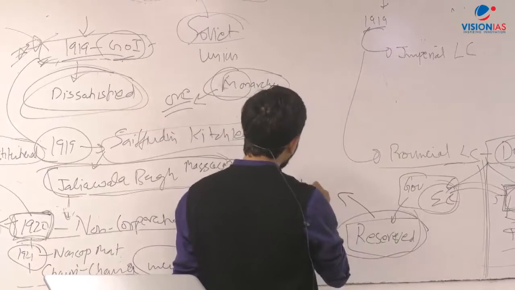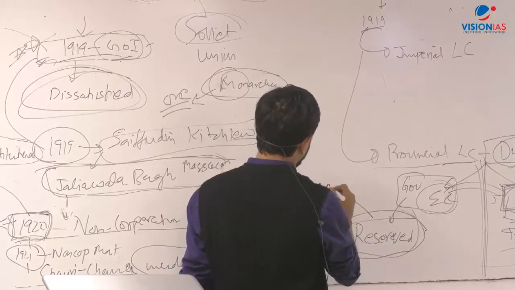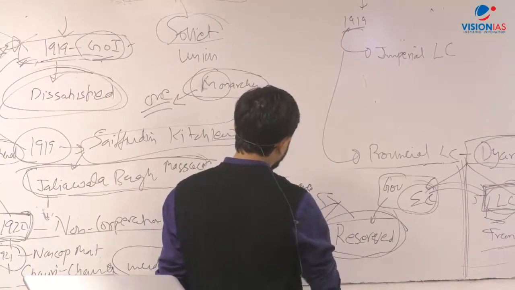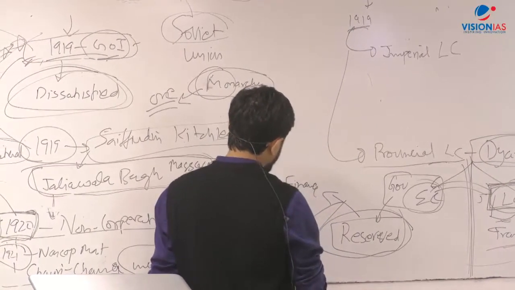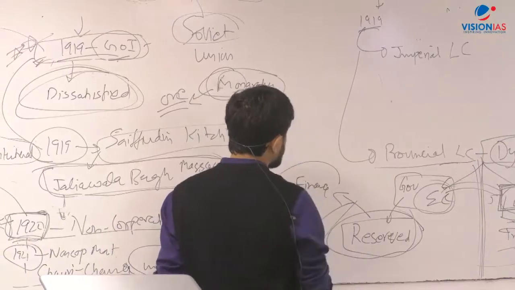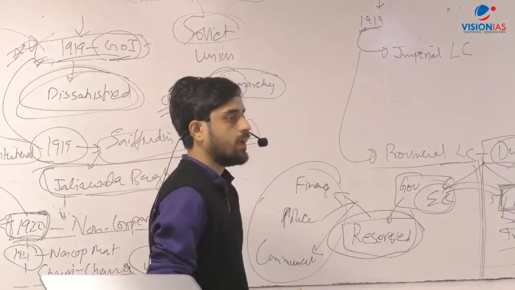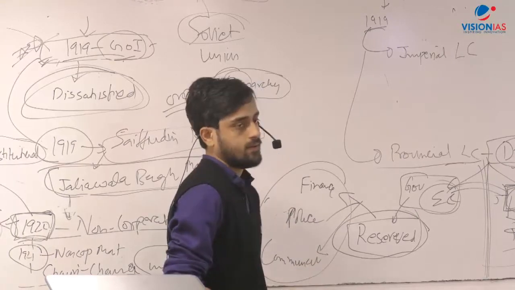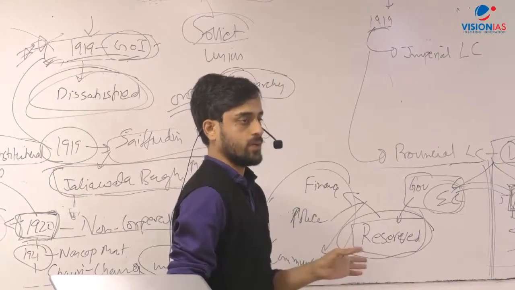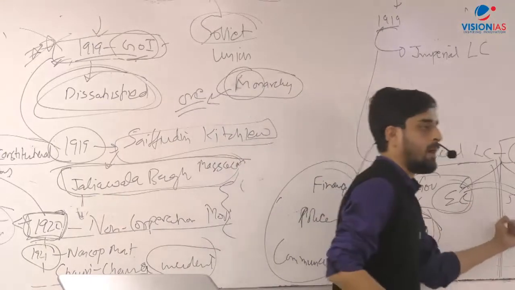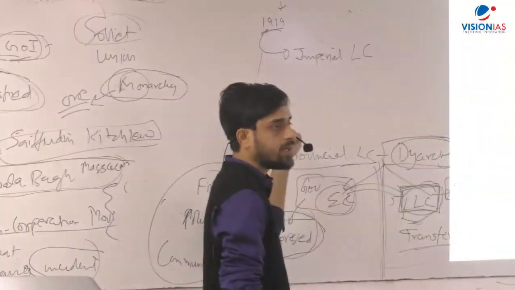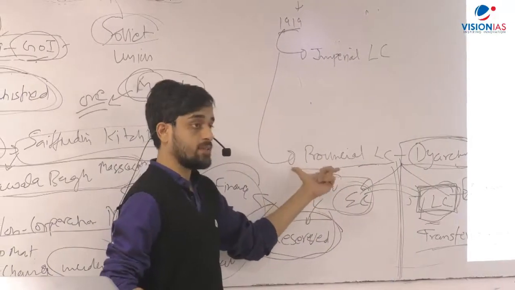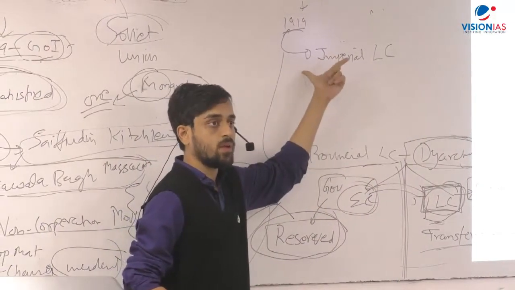So on matters of finance, police or law and order, or communications, etc., these were kept as reserved subjects directly under the control of the Executive Council and the Governor General. लेकिन अभी तो प्रॉब्लम चालू हुई है. Though this was a division of power that the Government of India Act 1919 had proposed at the provincial level, this is all happening at the provincial level, not at the central level. Okay.